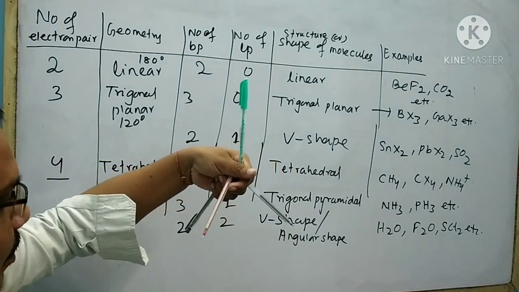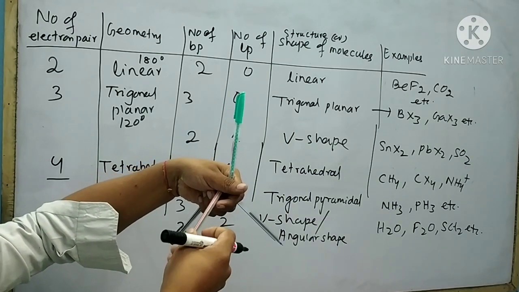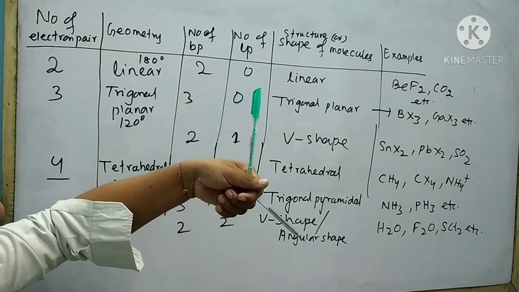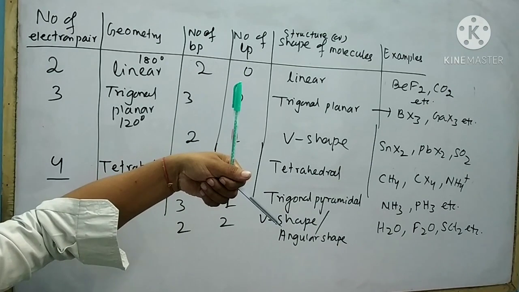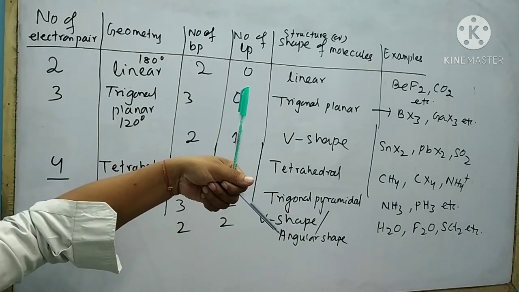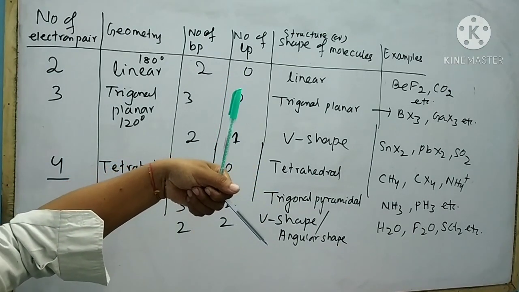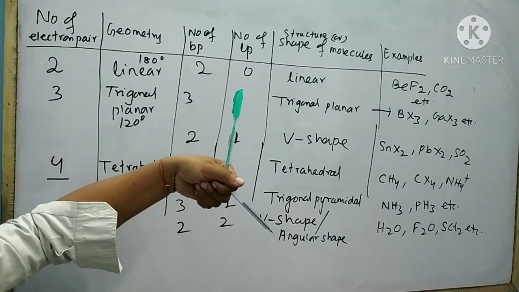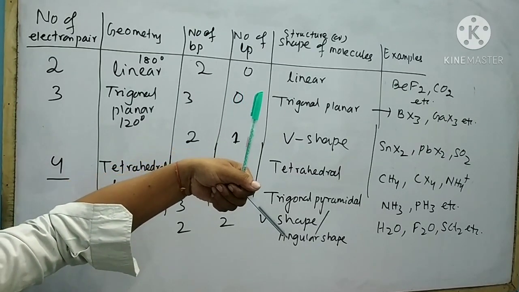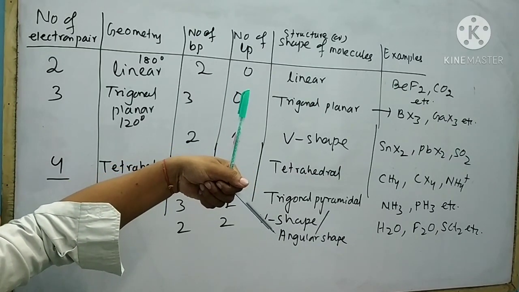But when I want to think about the shape, it is not necessary to think about these 2 lone pairs, only think about these 2 bond pairs. Now these 2 bond pairs look like V shape, so the shape of the molecule is V shape, or it is also called angular shape.